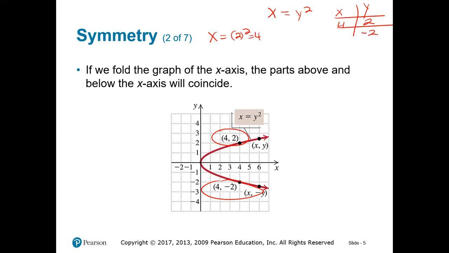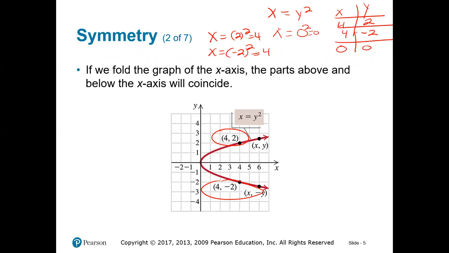What about -2 for y? Well, -2 squared is just 4 for x. Let's pick another point. What if I said y is 0? Well, 0 squared is just 0, so I get the ordered pair (0, 0).